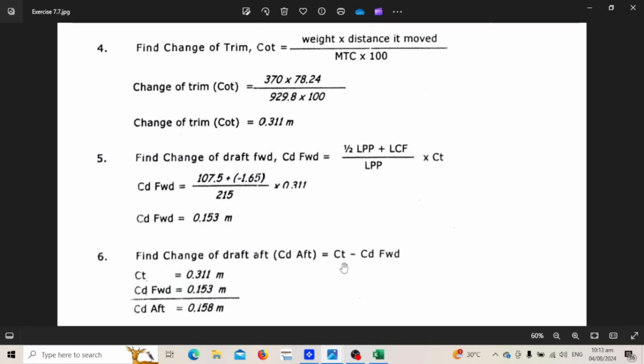So subtract 0.311 minus 0.153, which is change of trim, minus your change of draft forward of 0.153, then your change of draft up will be 0.158. Okay, and we go to the next.